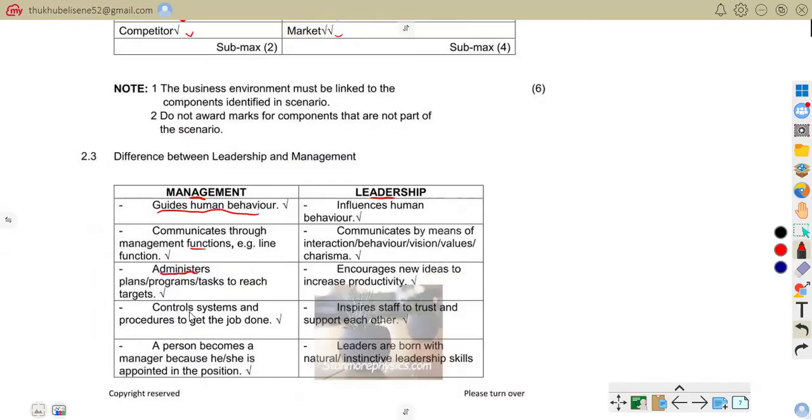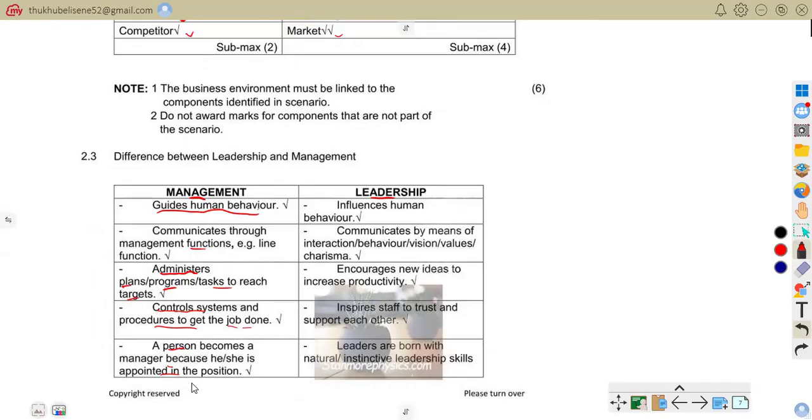They also administer: they plan programs and tasks to reach targets, for example implementing a monthly sales plan. They also control systems and procedures to get the job done, for example by monitoring the attendance register. A person becomes a manager because he or she is appointed to a position of authority.